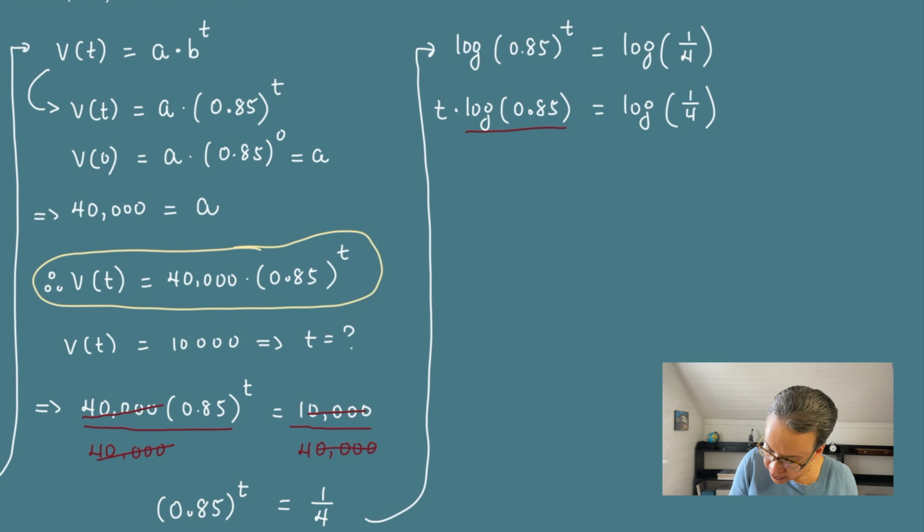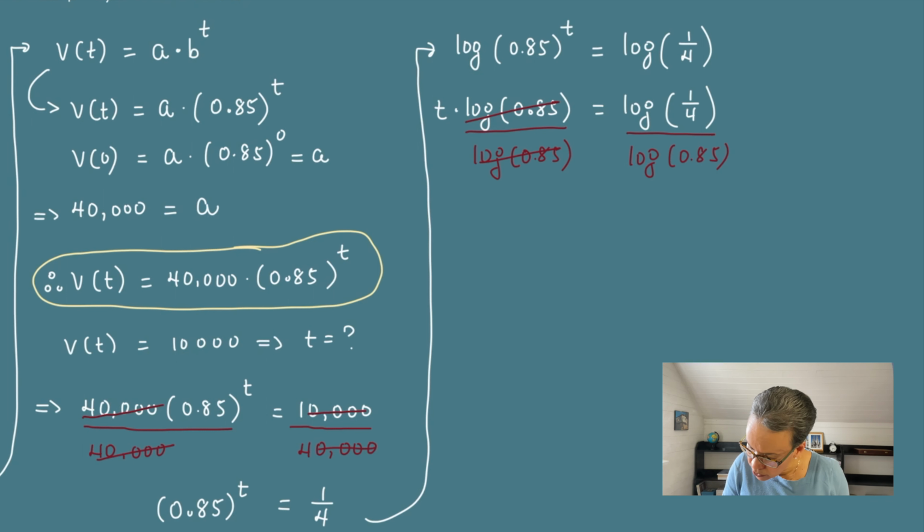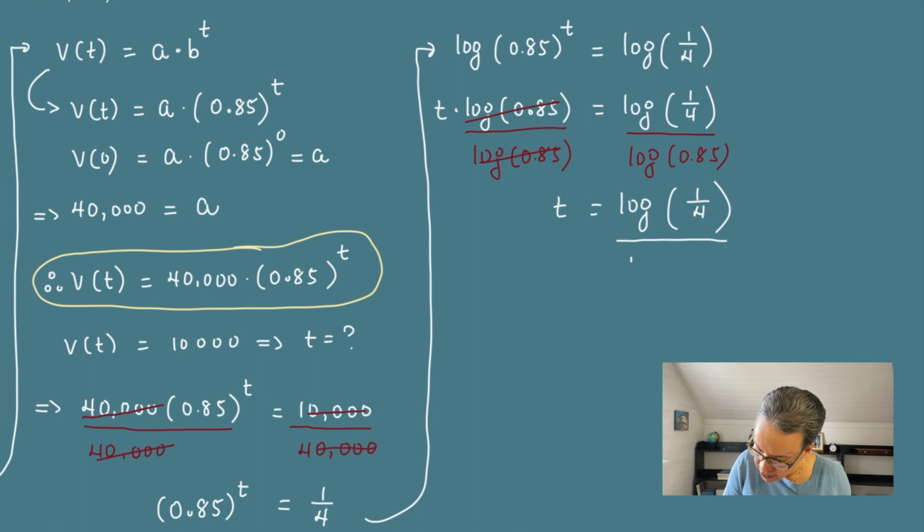Final step will be to divide both sides by the log of 0.85. Same thing over here. Then the logs will cancel, and now we're going to have t completely isolated. We're going to have that t is equal to the log of 1/4 divided by the log of 0.85.